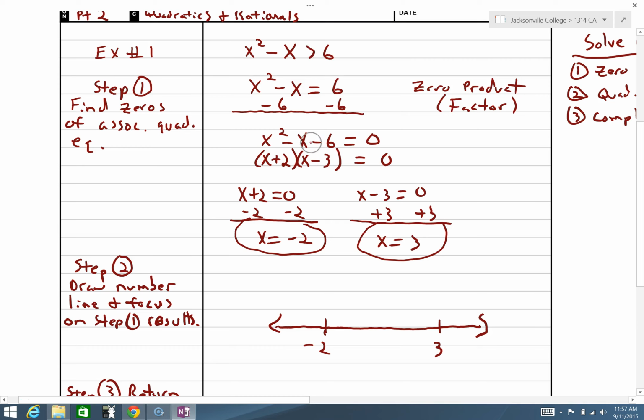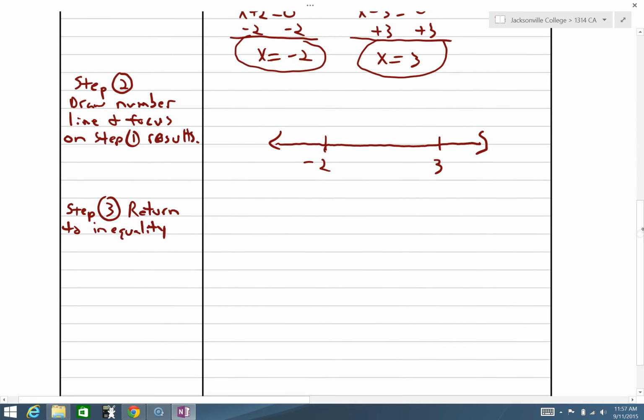Now I'm going to go back to my inequality. X squared minus x is greater than 6.